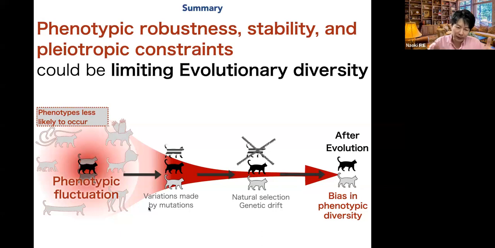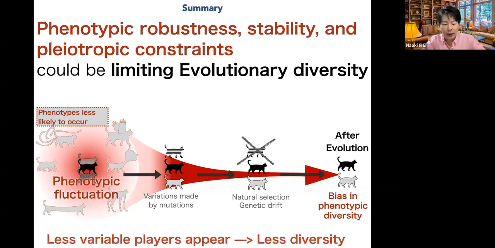So those robustness and stability, I'm not really sure how stability is implemented in organisms, but this stability and robustness limits or has less potential to create phenotypic variation. And that leads to evolutionary inertia. The less variable players appear, the less diversity, and that is the main message of my whole talk today.